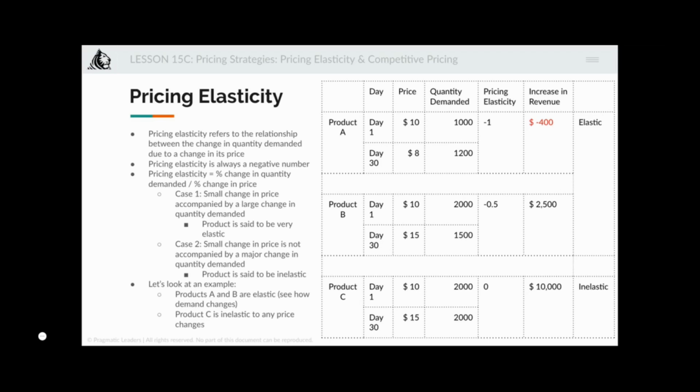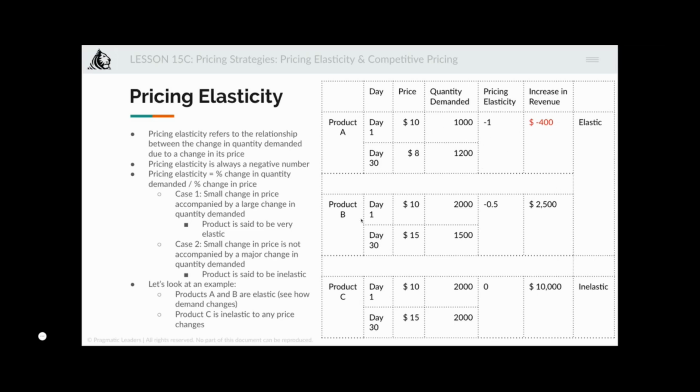The pricing elasticity, as calculated by the percentage change in quantity demanded over the percentage change in price, is -1, right? An increase in revenue is -400. You can do your calculation, but you'll get -400.